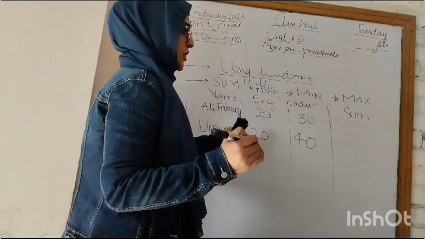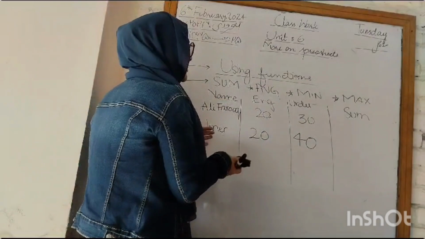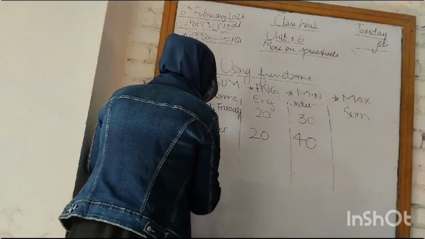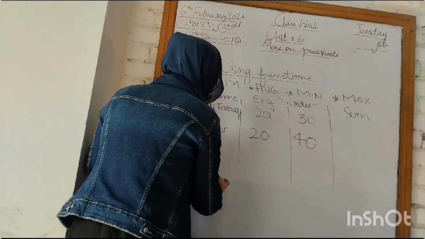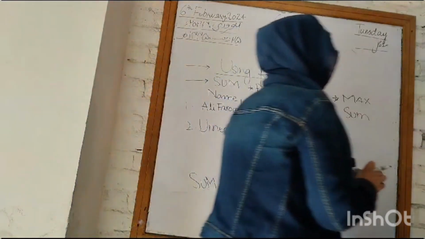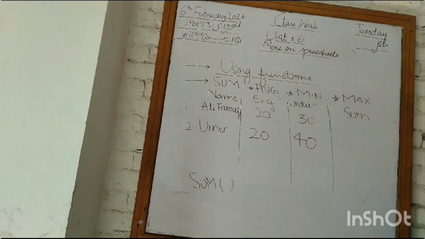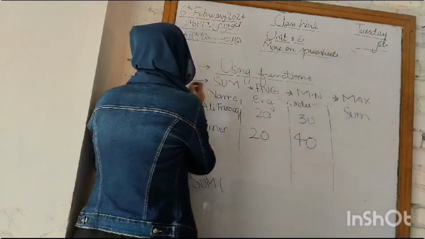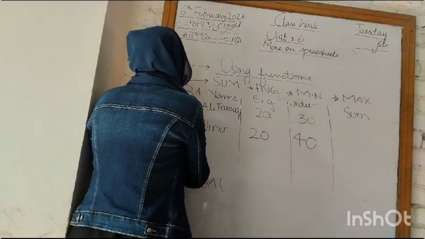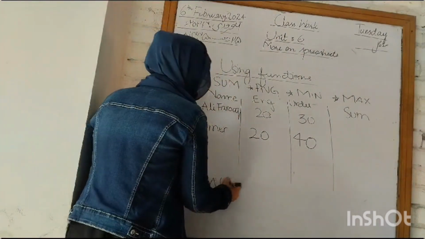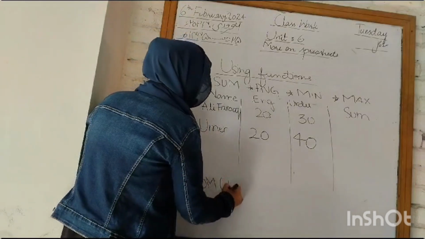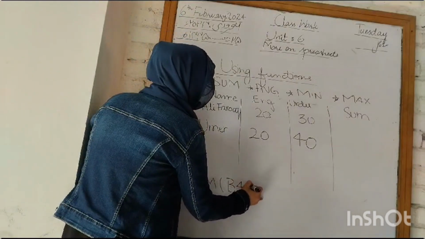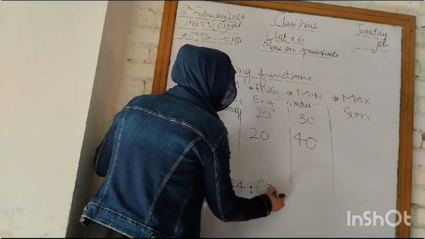I will use the function of the sum. How am I going to use it? If this is written in the B4 cell and this is written in the C3 cell, I will write the sum function and then B4 colon C3.